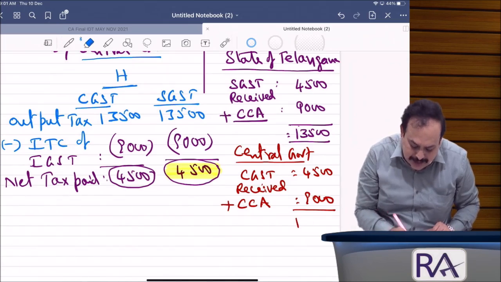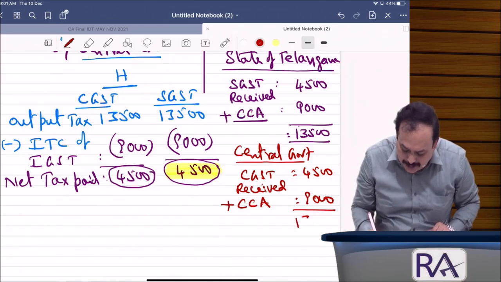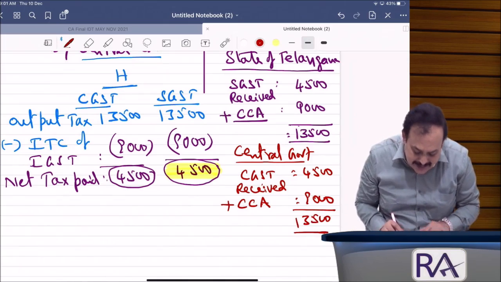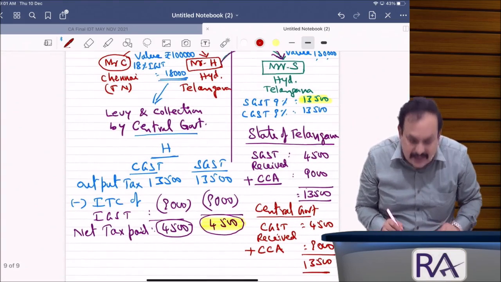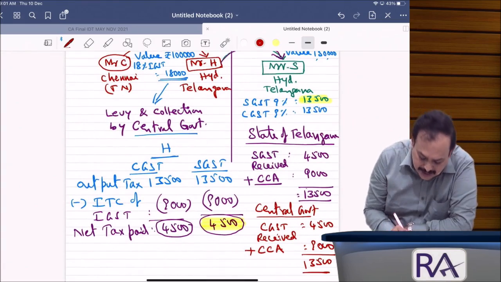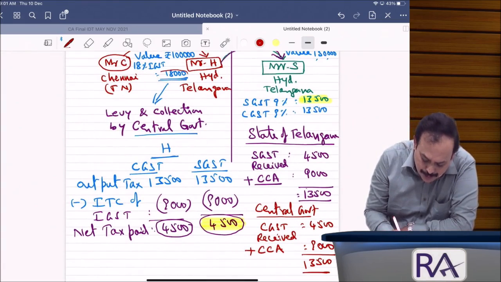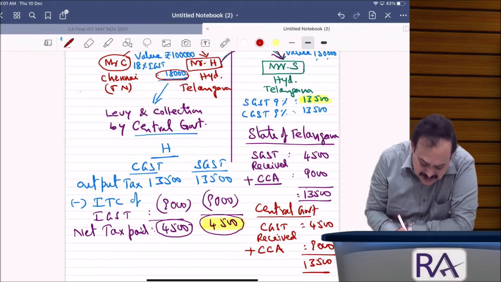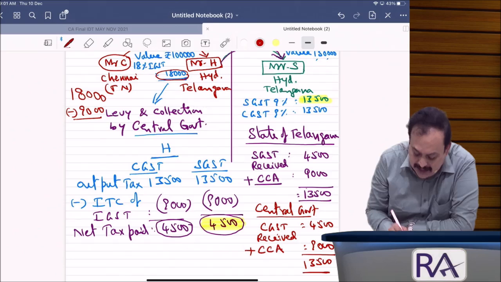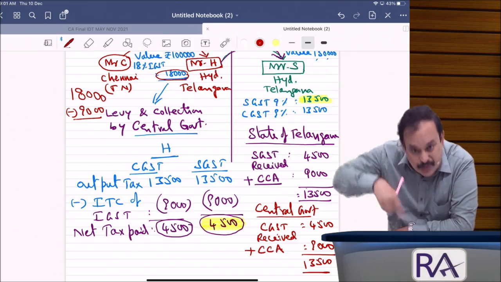Are you getting my point, sir? Now what happened? This IGST, collected and retained by the central government, this 18,000 rupees, from this 18,000 rupees 9,000 gone to the state government through CCA.